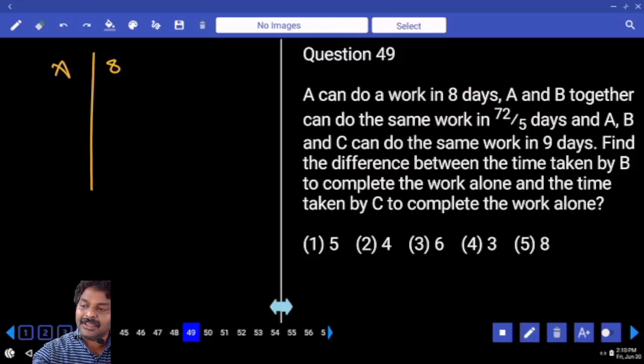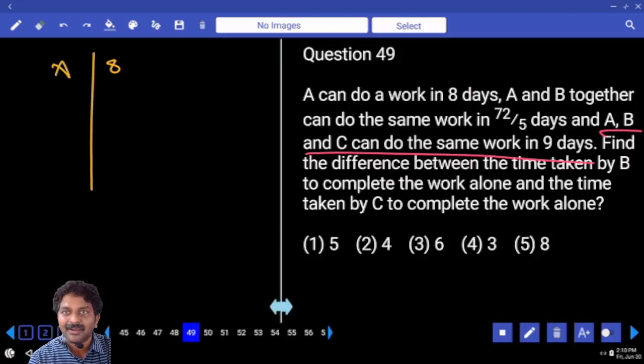Now, if A, B, C together are taking 9 days, in general, if A alone can complete the work in 8 days, if somebody else joins, either B or C or both, will they take more than 8 days or less than 8 days? But in the case of A, B, C, they are taking 9 days, right? That means out of B and C, there is a person who is doing negative work. That may be either B or C.